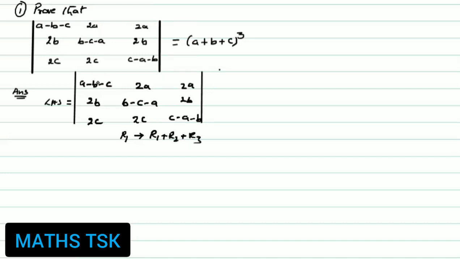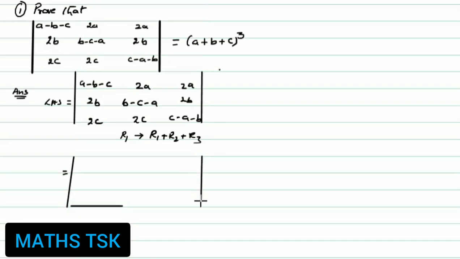What lies in R1 in the first element? a minus b minus c. So when you add 2b, it becomes a plus b, and when you add 2c, it becomes a plus b plus c.